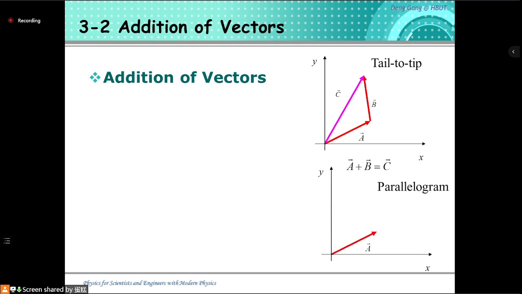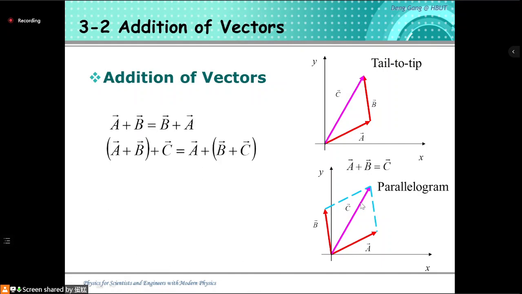And there's another method. Here's A and here's B. We know parallel motion of the vector will not change the vector, so we can move it to here. And if we move it to here, we know this C is A plus B. So you can either use this triangle or use this.